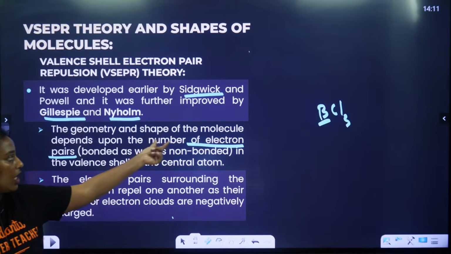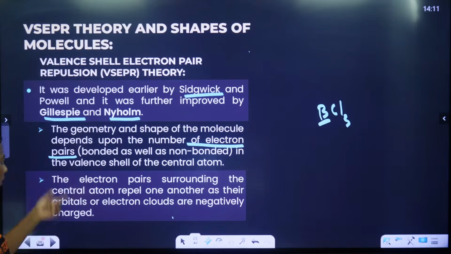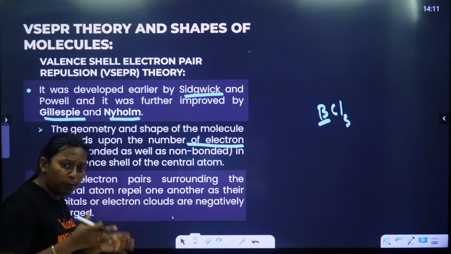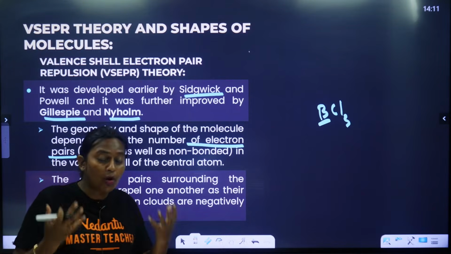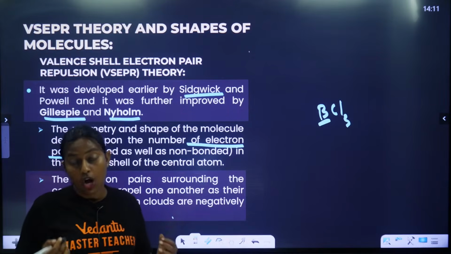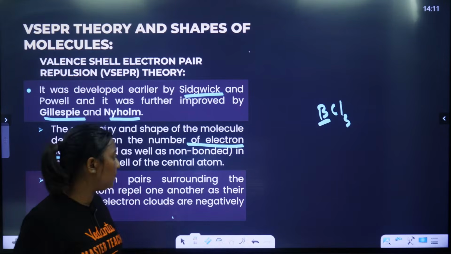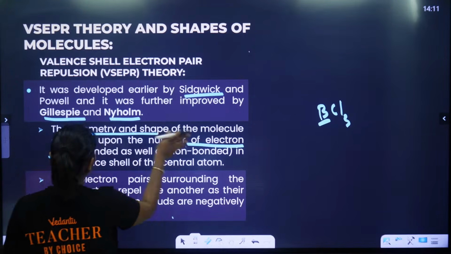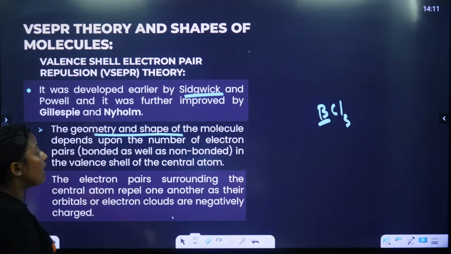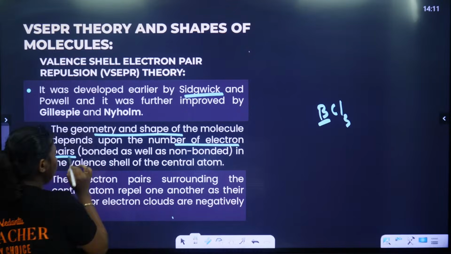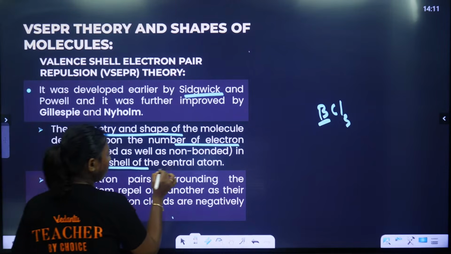So the geometry and shape of the molecule depend upon the number of electron pairs in the valence shell of the central atom.